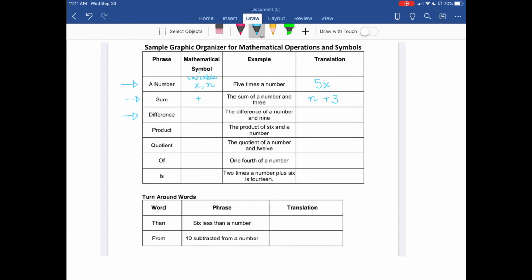So on to this one. Difference, we know we're subtracting. And the way this is phrased, the difference of a number and 9. So there's my number, and I'm subtracting 9 from it. Here we go. So now we've got product, which we know is multiplication. So the product of 6 and a number would be 6p.